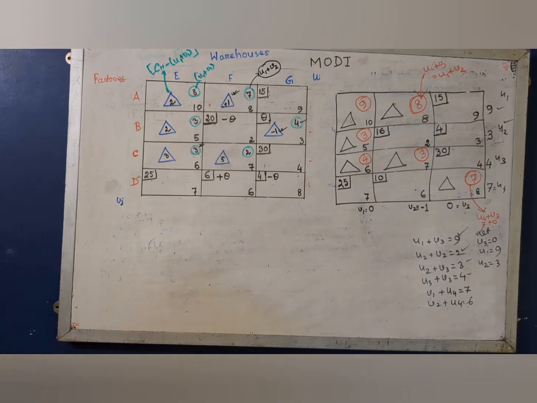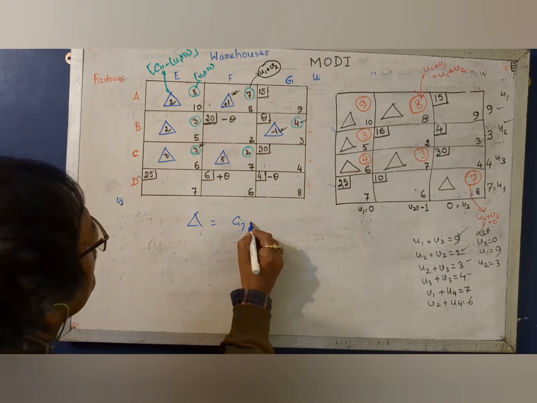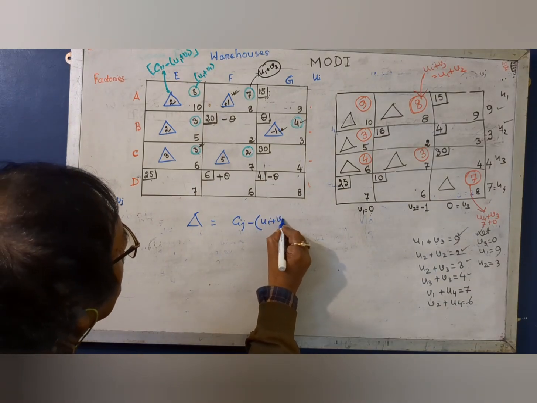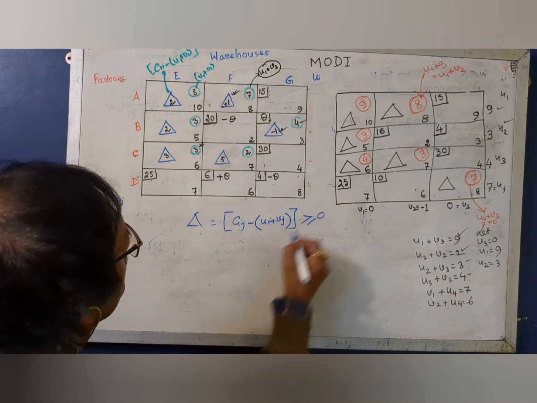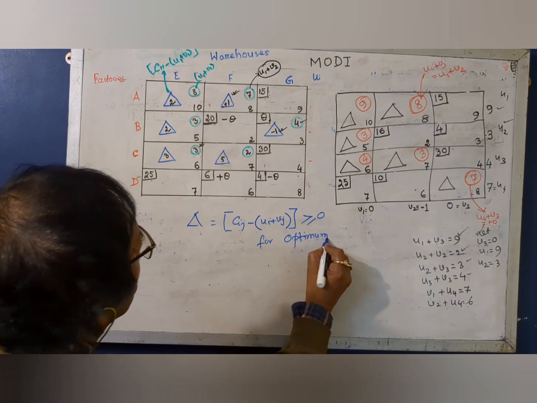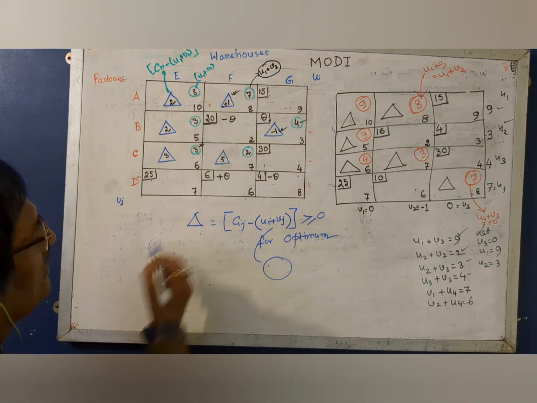What is the value of the triangle? Triangle means Cij minus Ui plus Vj, and this must be greater than or equal to 0 for optimum. This is the condition for optimum. Actually this is the circle and this is the triangle.